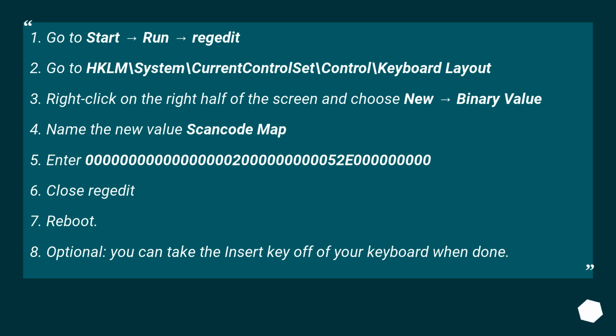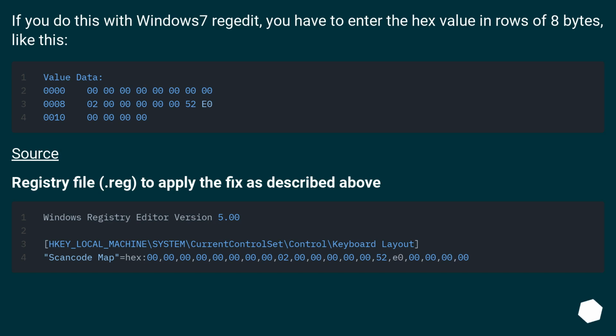Optional, you can take the insert key off of your keyboard when done. If you do this with Windows 7 Regedit, you have to enter the hex value in rows of 8 bytes, like this.